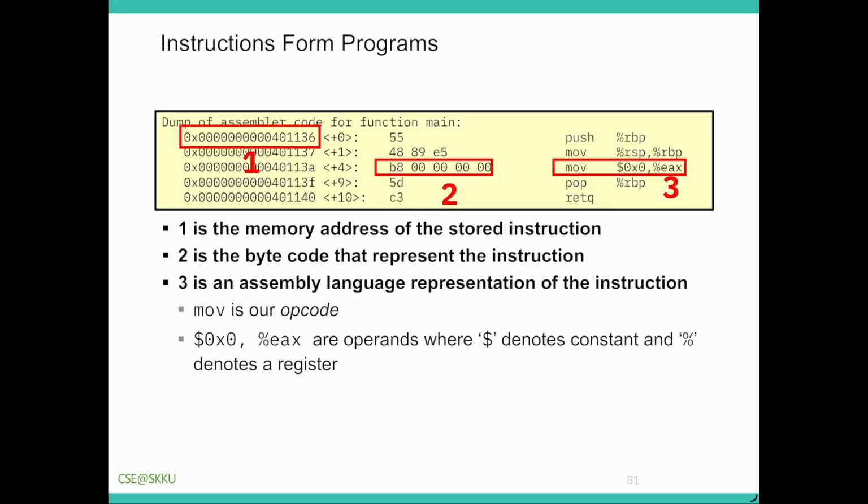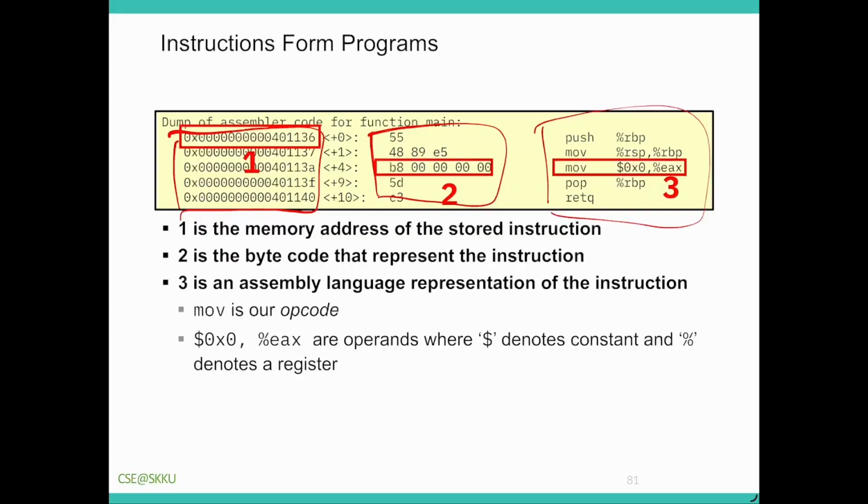All right, so this is the assembly code. We're looking at machine code stored in memory addresses inside memory, and this is the text representation of the code. Number one is the memory address of the stored information. Number two is the byte code that represents the instruction. These are zeros and ones that form a certain command to be given to the CPU.